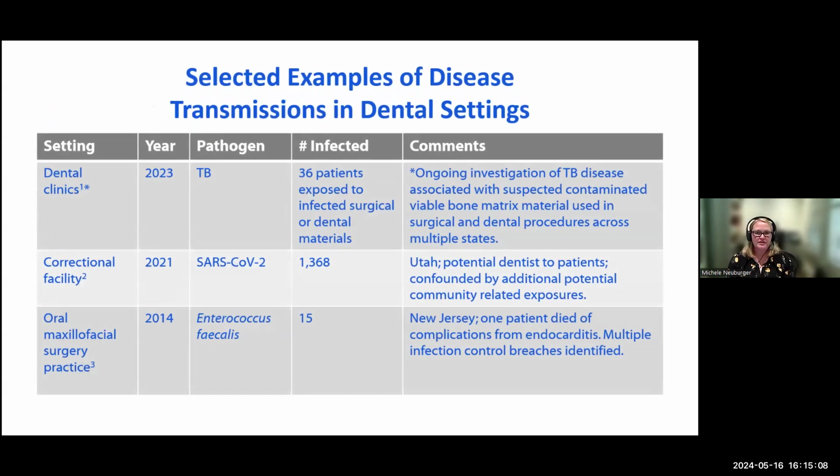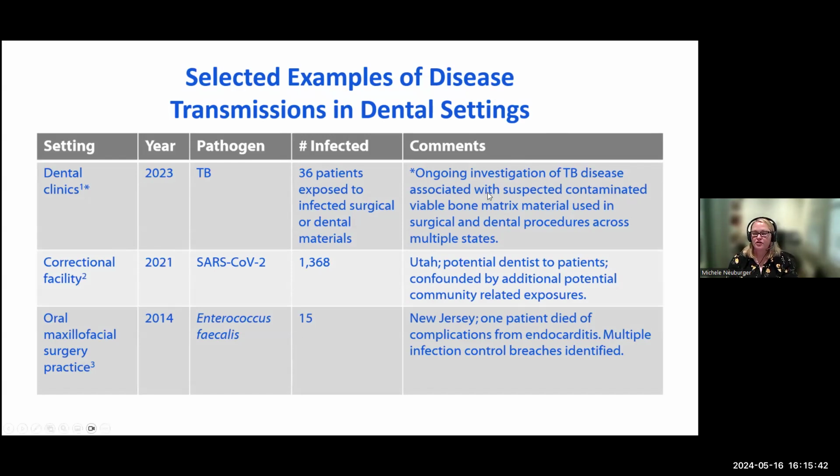The most recent one we see, and this was a new one. Again, we'd never seen something like this in a dental clinic. In 2023, there was an outbreak of tuberculosis among patients exposed to surgical and dental bone graft material. Unfortunately, this had occurred in spinal surgeries in the past, but it had never been linked to a dental allograft product.